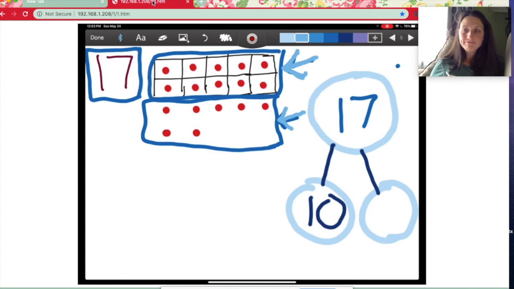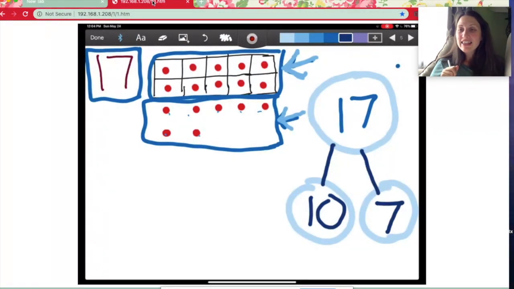No. So we could count, or you might be able to tell just by looking at it that it has 7. Just to be safe, I'm going to count very quickly for you. 1, 2, 3, 4, 5, 6, 7. Were we correct? Does it have 7? It does. And that is the other part in our number bond.